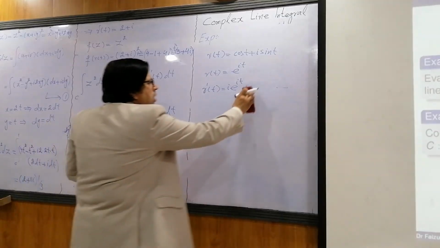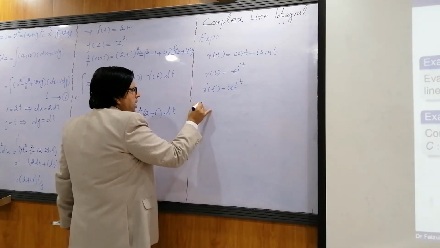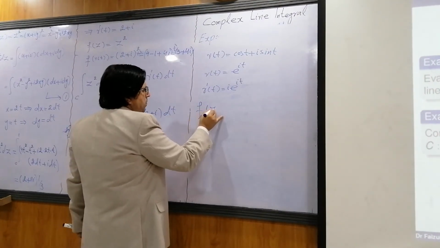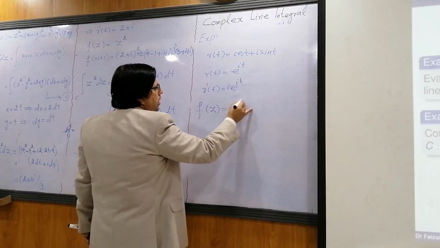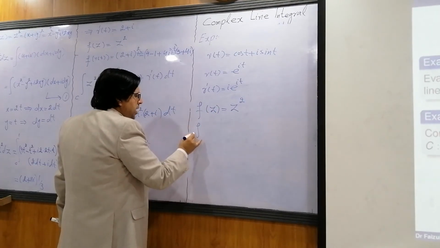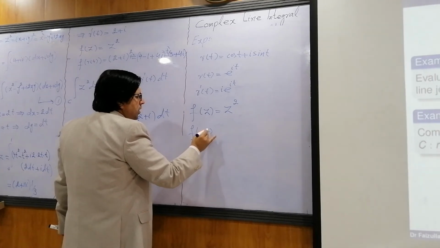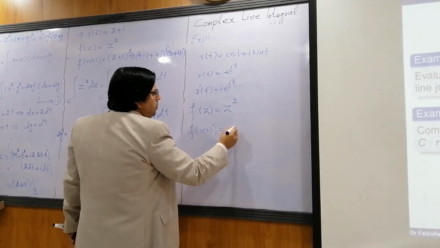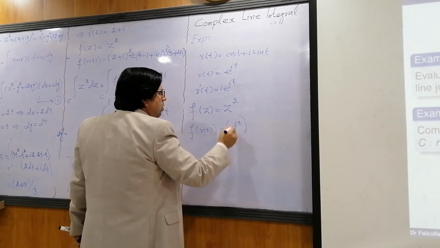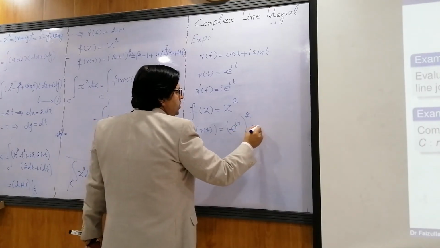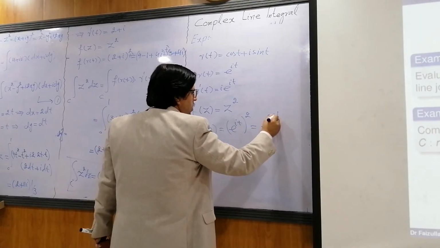Now I have to obtain f of r of t. Here f of z is equal to z square, so I have to obtain e power iota t whole square, which is equal to e power 2 iota t.